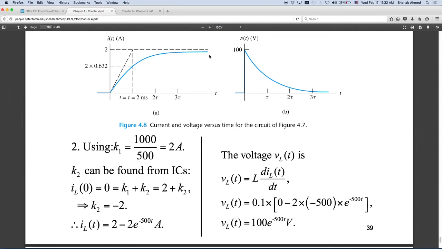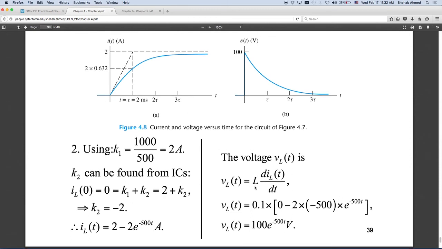You have to calculate the number of time constants. It could be a very large number of time constants, because e to the minus x can go to 0 at some point, or e to the minus k times x will go to 0 at some point, depending on the value of k.